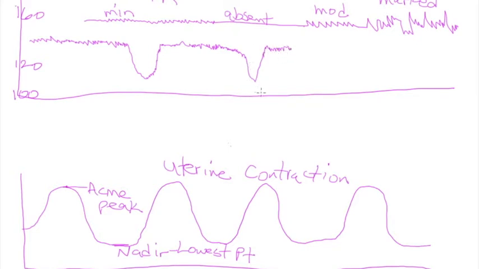Now, how do we determine if it's early or if it's late? The peak of each contraction at the acme point, draw a straight line up to the point where the fetal heart rate is. It is before the uterine contraction. Again, we'll draw it straight up.